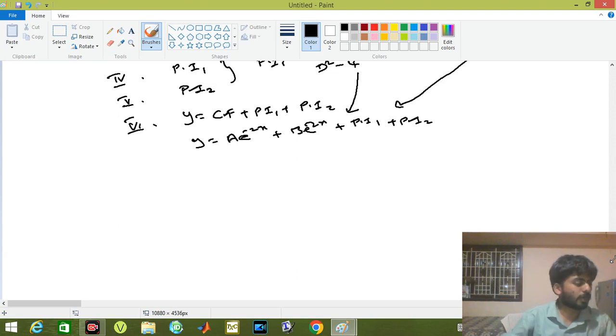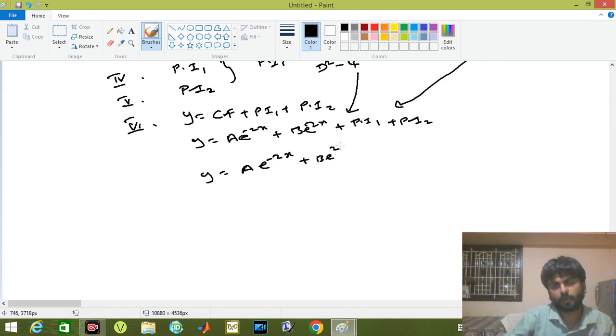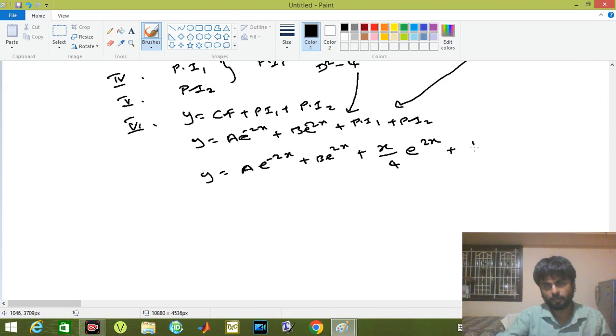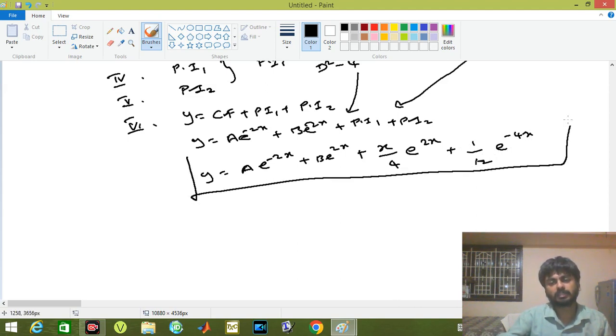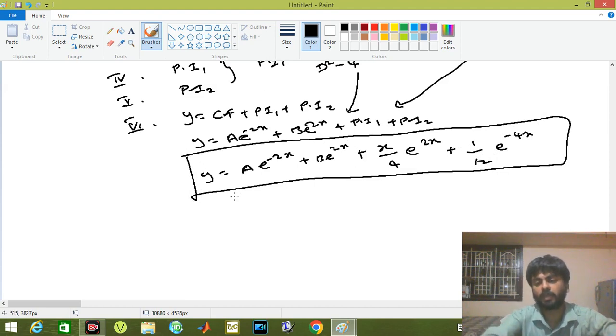One thing is you have to identify the values of PI1, PI2. So y equals A e power minus 2x plus B e power 2x plus PI1, which is x by 4 e power 2x, plus PI2, which is 1 by 12 into e power minus 4x. This is your solution. Okay, so you have to solve the problem very correctly.